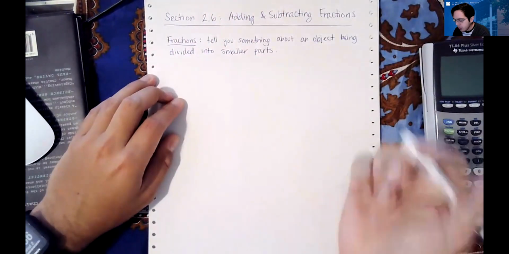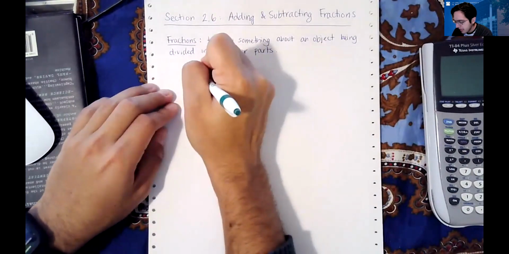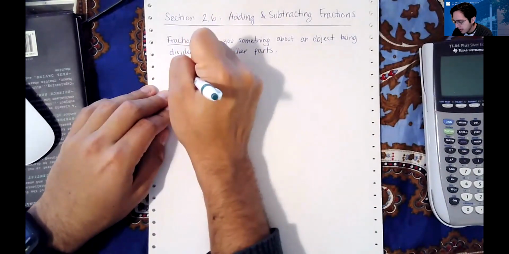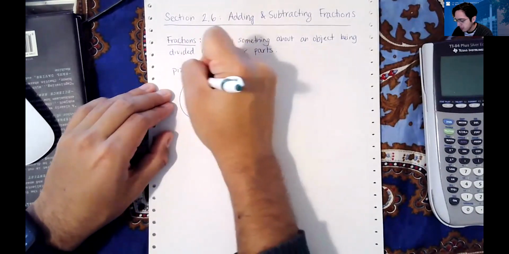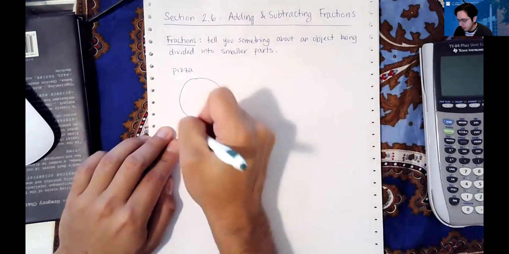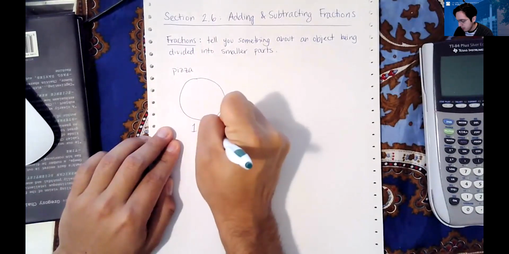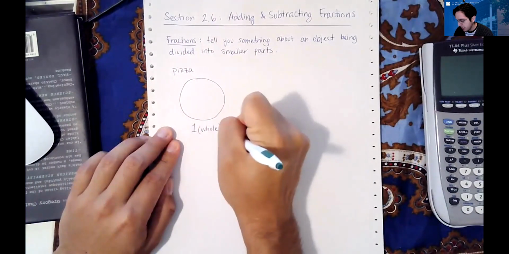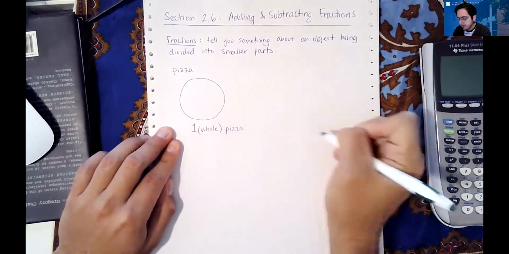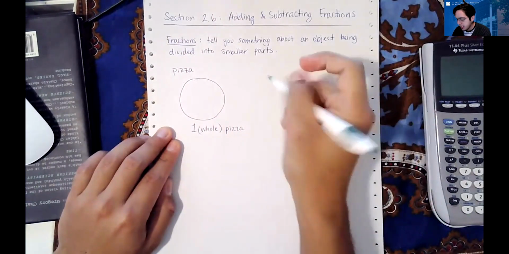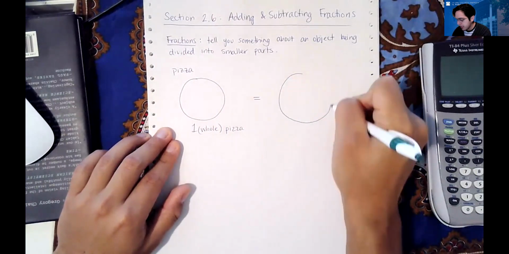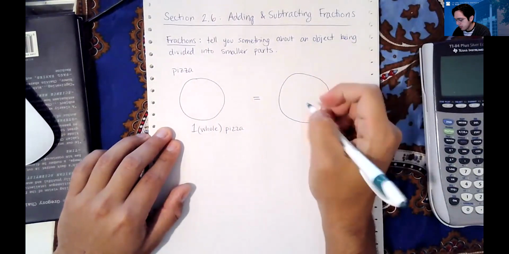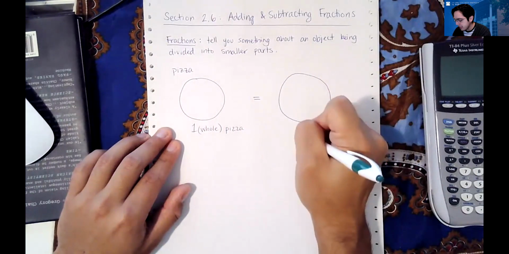Okay, so if we're talking about that pizza, I could say that 1 whole pizza would be 1 of these circles. Okay, this is 1 whole pizza. But typically, we divide that pizza into 8 slices.